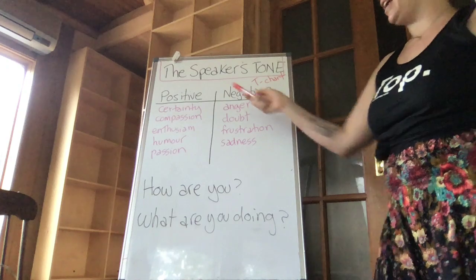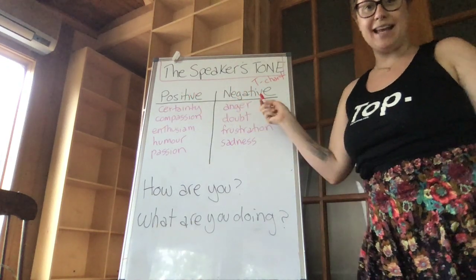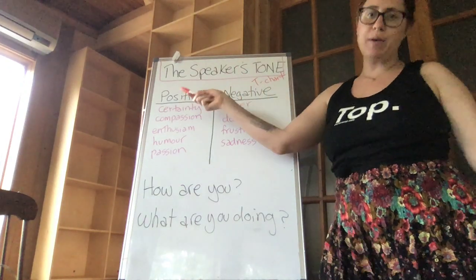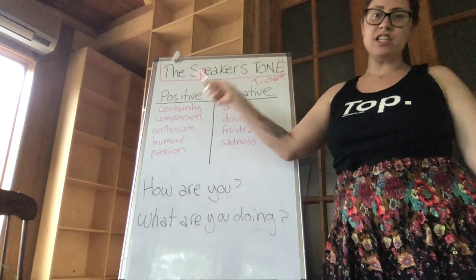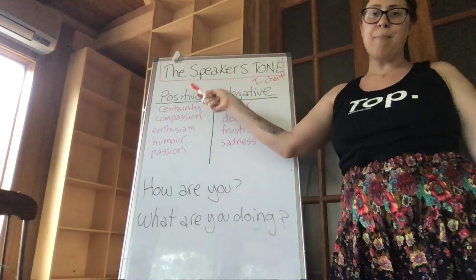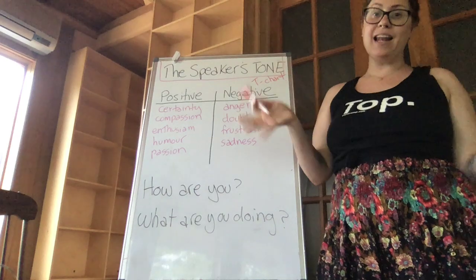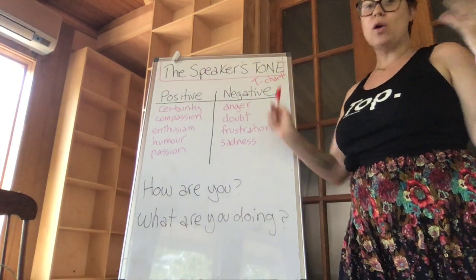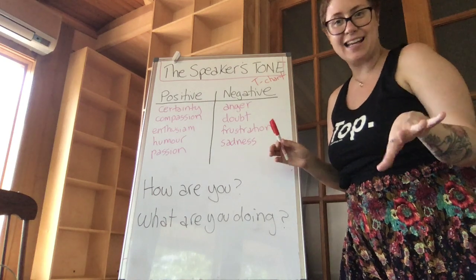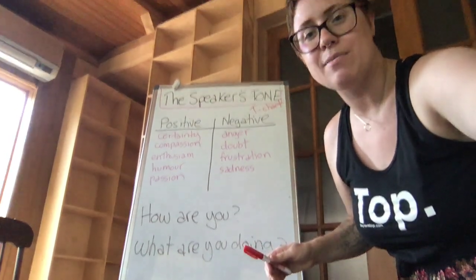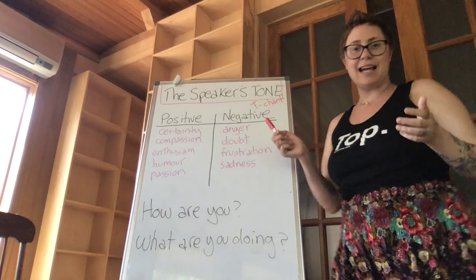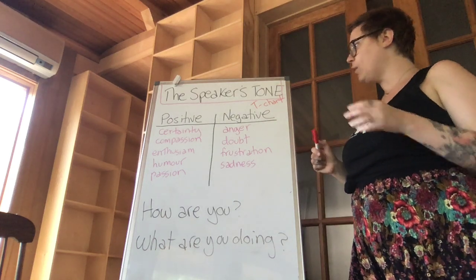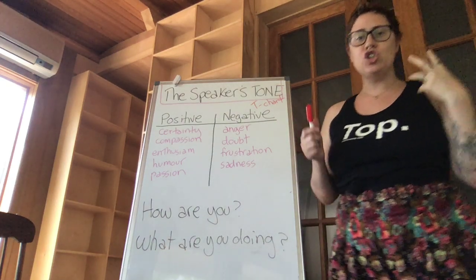So here I have positive emotions and negative emotions, but you can have pros and cons, advantages or disadvantages, past and present, anything that contrasts can be used in a T-chart. So that's just a note-taking technique that you can use. Okay. So the speaker's tone.